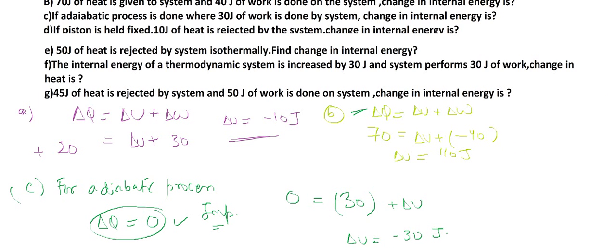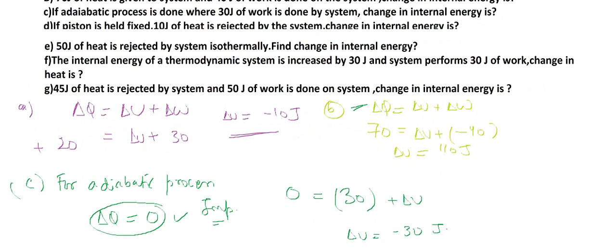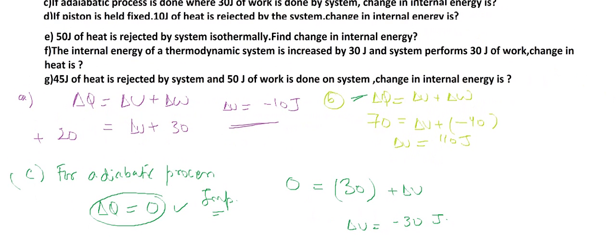Okay, let's do the fourth part. The fourth part is if the piston is held fixed. What does this mean? If the piston can't move, then obviously work cannot be done in the system. Then dW will be 0. And it says that 10 joules of heat is rejected by the system, meaning the system is giving out heat to the surroundings.